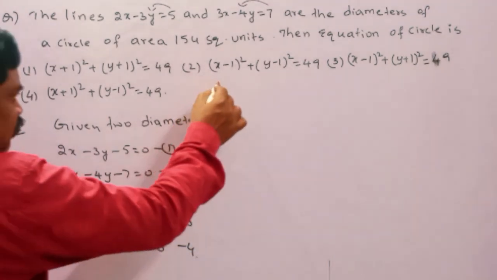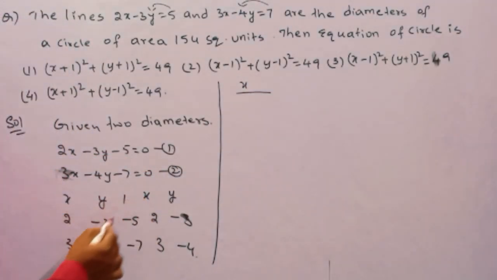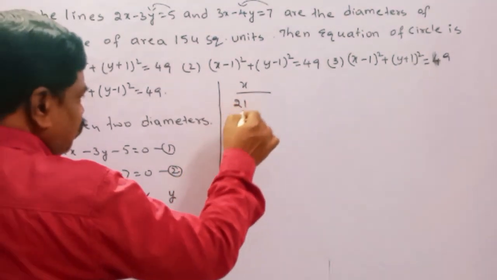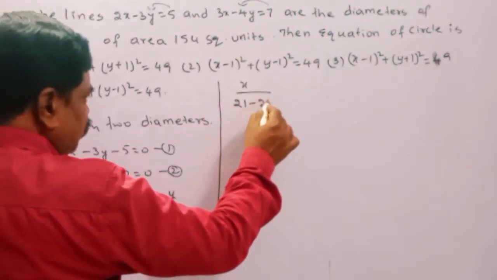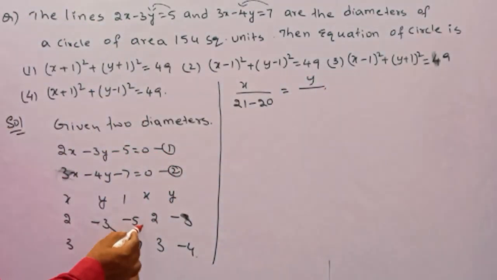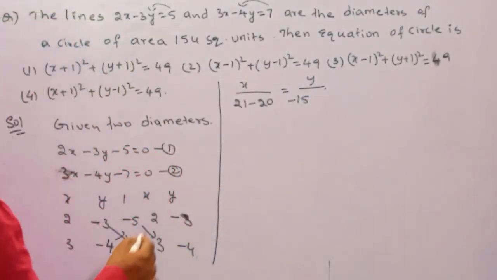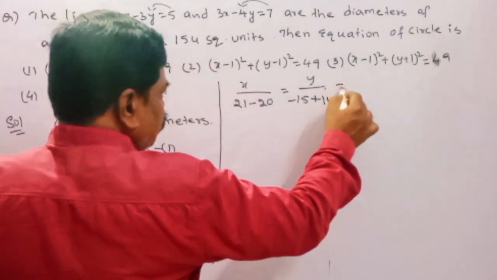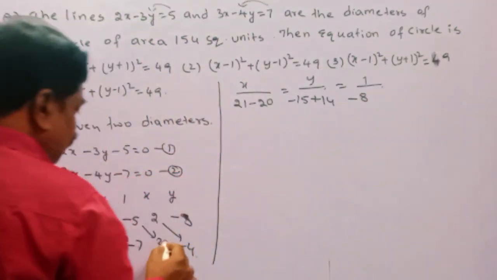Then x by, you can remove this column, minus 3 into minus 7 is 21, and 4 into 5 is 20, so 21 minus 20, equal to y by, minus 5 into 3 is minus 15, and 7 into 2 is 14, so minus 15 plus 14, equal to 1 by minus 8 plus 9.